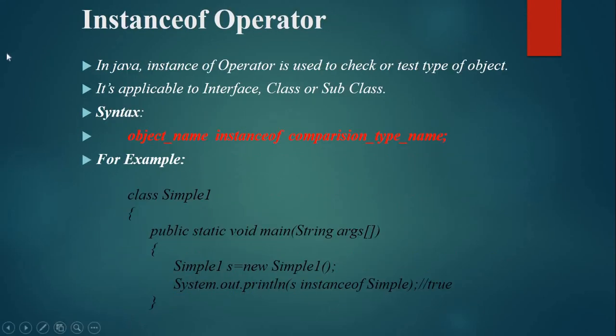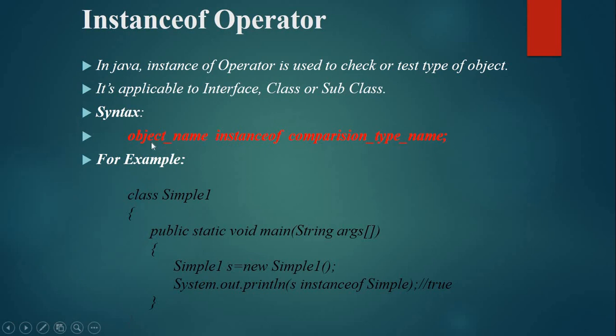Next thing is the instanceof operator. instanceof is a keyword. By that we can check whether some specific object is of some specific class, interface or subclass or not. The syntax is: object name instanceof comparison type name.